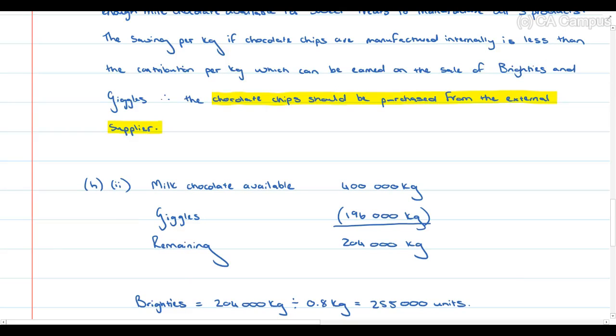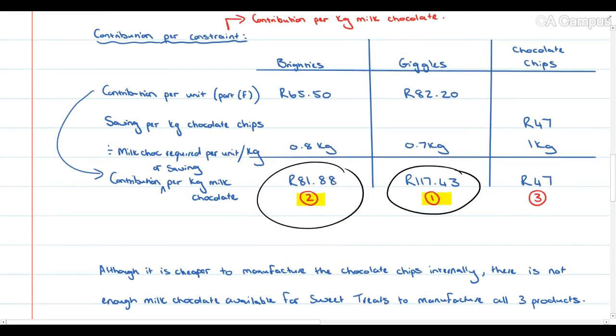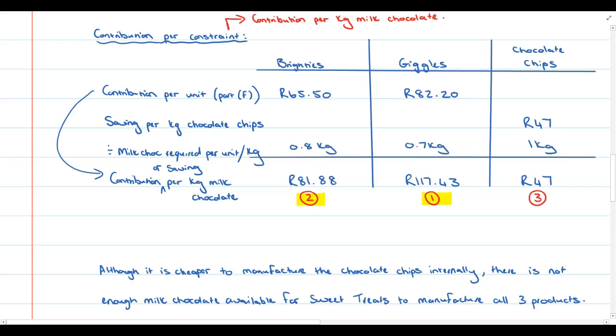And remember, this conclusion was based on the ranking and the calculations that we performed above. So what needs to change over here so that our advice changes, so that we no longer recommend that they should be purchasing the chocolate chips from the external supplier, but instead the chocolate chips should be manufactured internally?